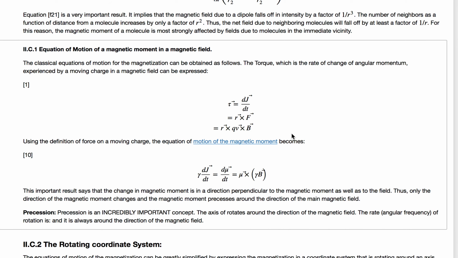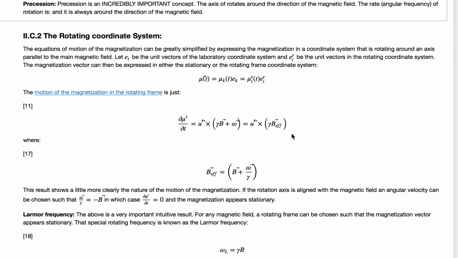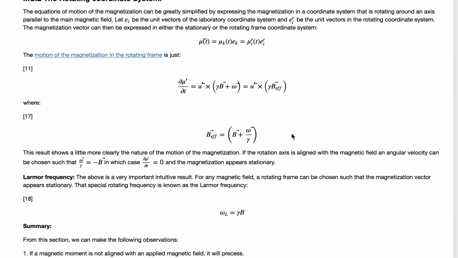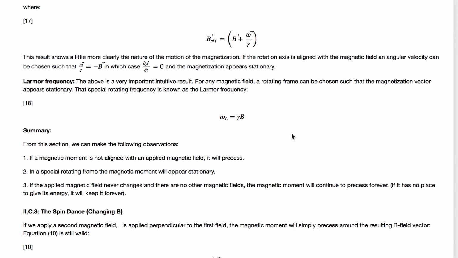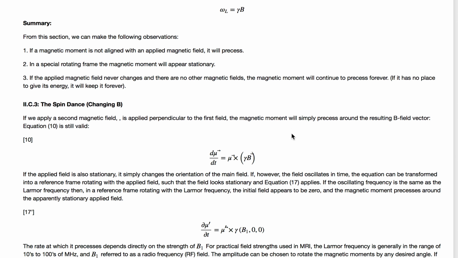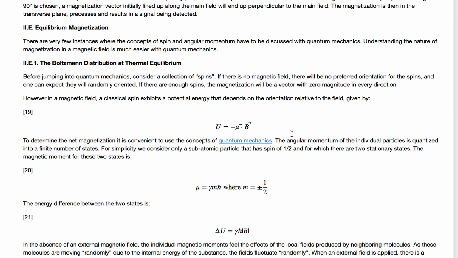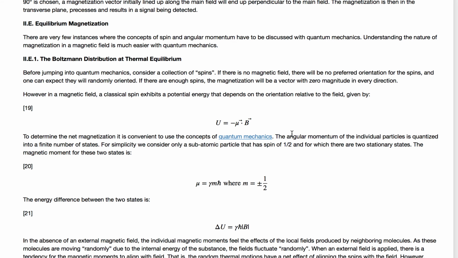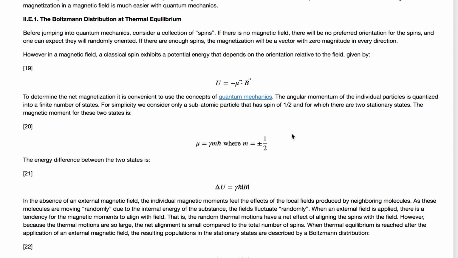Okay, moving on. The rotating coordinate system allows us to understand a little bit more clearly what happens as the spin precesses. And finally, we'll talk a little bit about quantum mechanics in lecture 2, because in fact, each proton is a quantum mechanical particle.